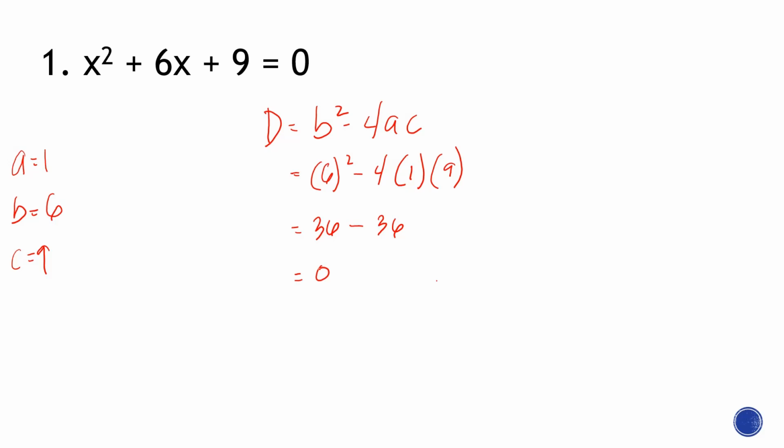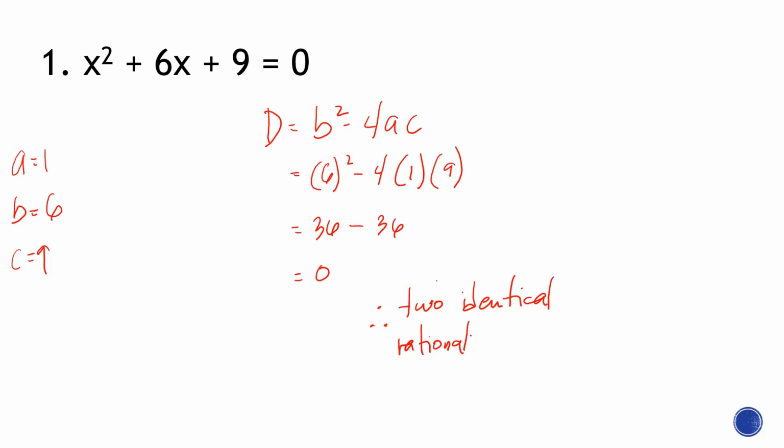So what does it mean? The discriminant is equal to 0. If we solve this, we will have roots that are identical. That's another lesson, finding the roots. But here, there are 2 identical rational roots.